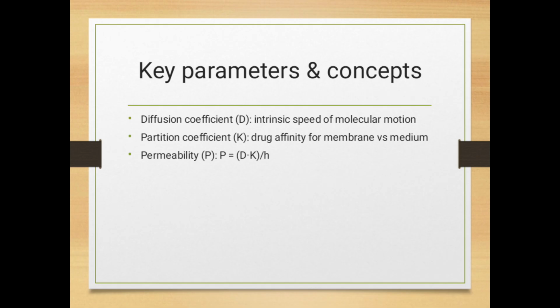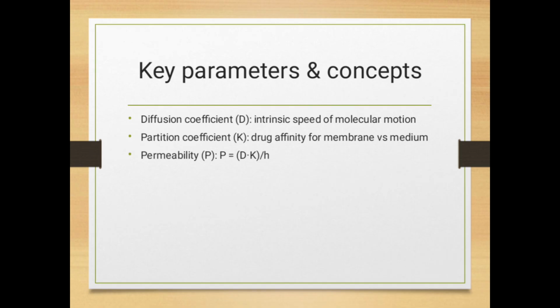So we call it less permeability. Permeability P can be written as P is equal to D K upon H, where you already know D is the diffusion coefficient, K is the partition coefficient, and H is the thickness.